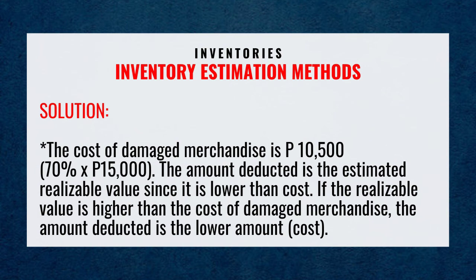The amount deducted is the estimated realizable value since it is lower than cost. If the realizable value is higher than the cost of damaged merchandise, the amount deducted is the lower amount, or cost.